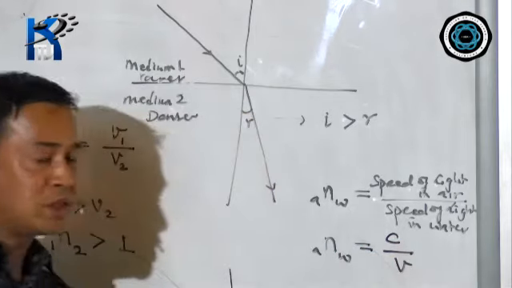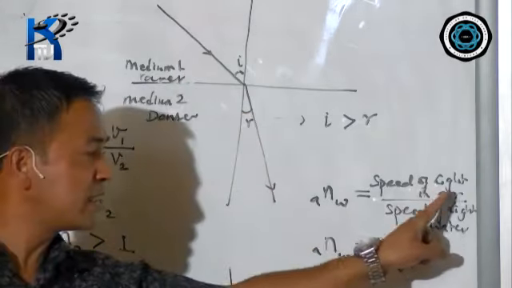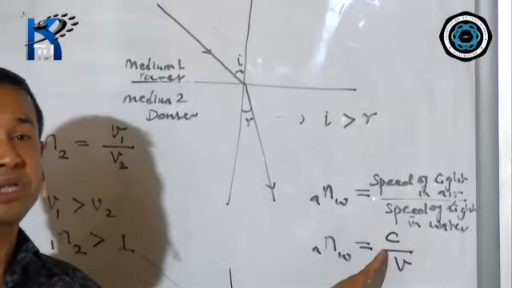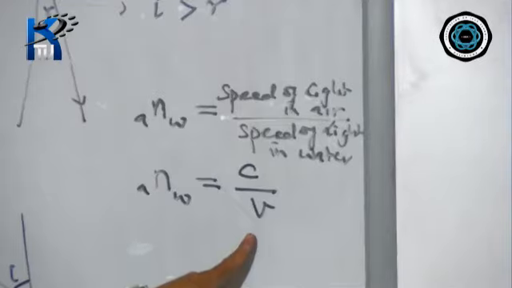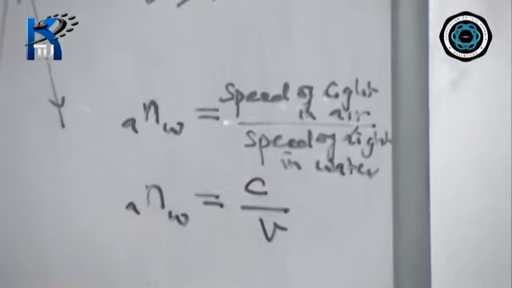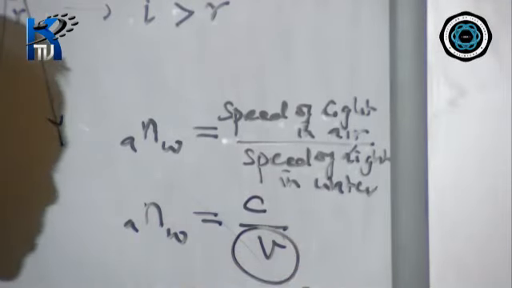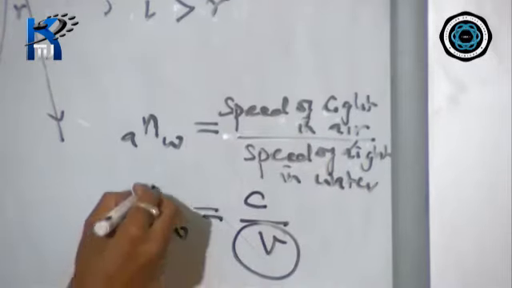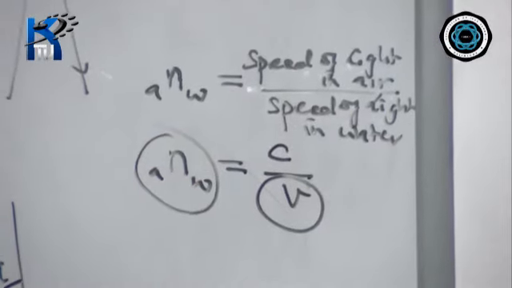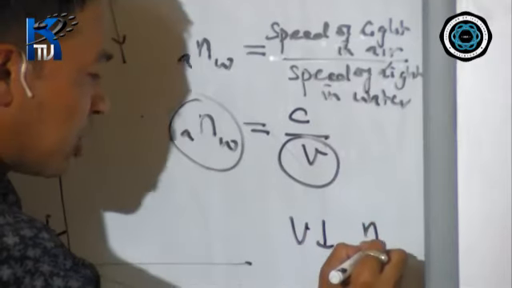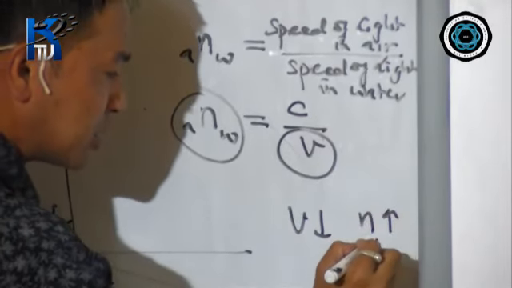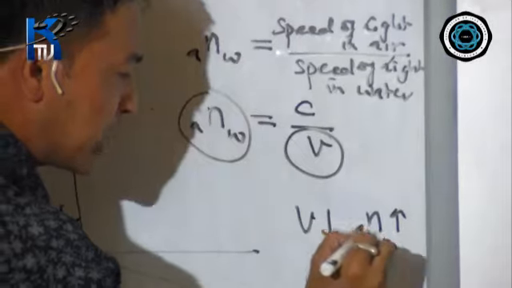So please see the diagram. Speed of light in air is symbolized by a small letter C. Speed of light in any medium other than air is symbolized by a small b. So this relation says that if the speed of light in any medium decreases, refractive index increases. That means if b decreases, refractive index of that medium with respect to air increases.